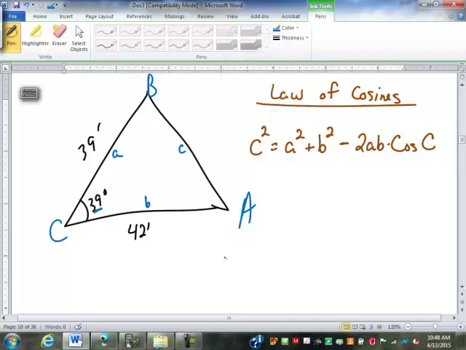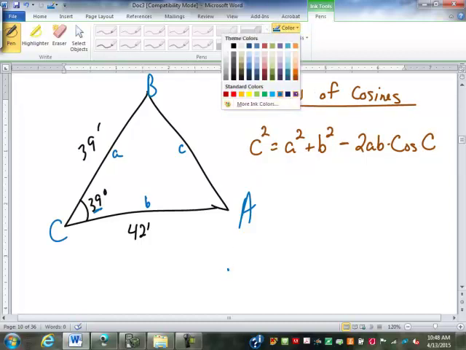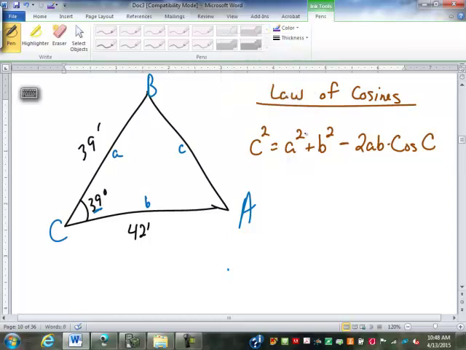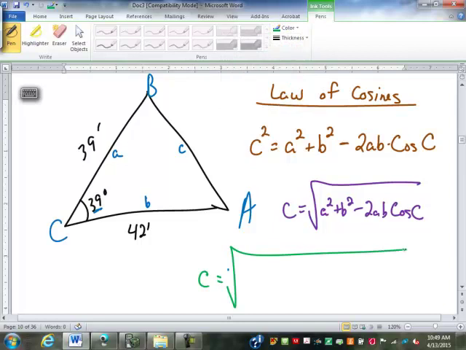So how does that work? Well, C squared, I'm actually going to adjust this. I'm going to take the square root of this. So it's going to be written as C equals the square root of A squared plus B squared minus 2AB cosine C. So for this particular problem, C equals the square root of 39 squared plus 42 squared minus 2 times 39 times 42 times the cosine of 39 degrees.